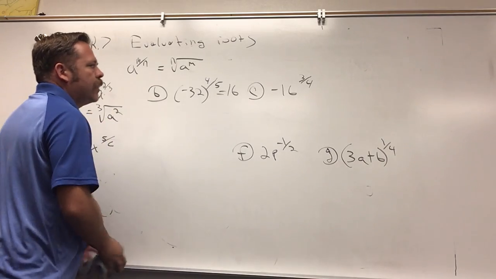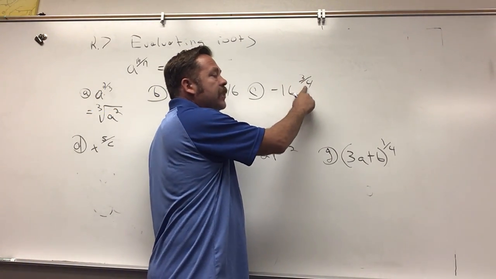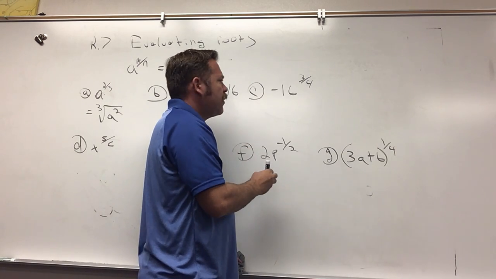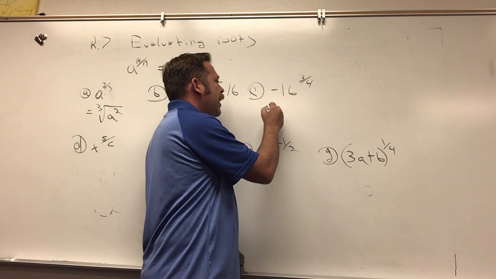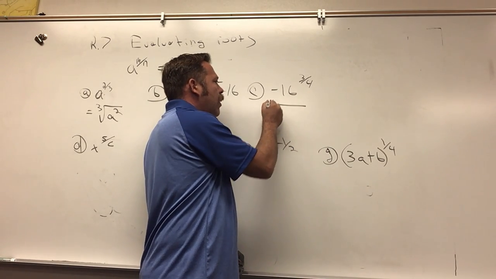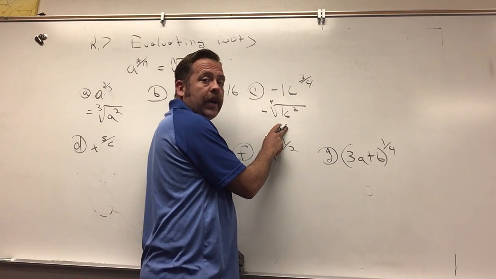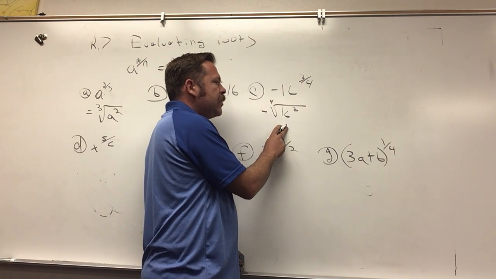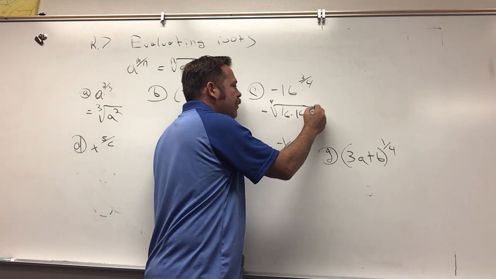All right, look at this one. Is a negative being applied to that exponent? Be super careful with this. It's not, right? So what I really have is negative, and then I have a root. What's the root number? 4. And then I have 16 to the 3rd power, which is 16 times 16 times 16.